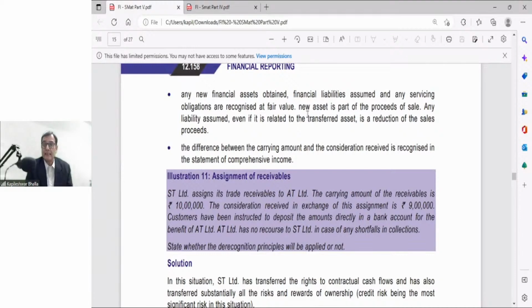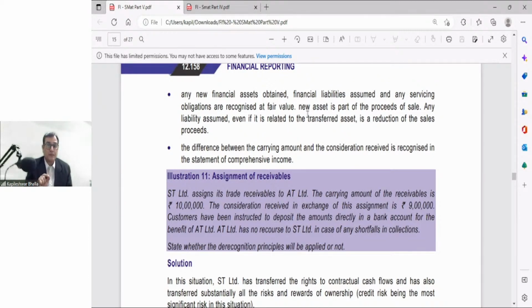It says ST assigns its trade receivable. The moment I read the words assigned its trade receivable, what comes to my mind is that the cash flows have been transferred. The carrying amount of the receivable is 10 lakh and the consideration received in exchange is 9 lakh. The customers have been instructed to deposit the amounts directly into the bank account for the benefit of the factoring agency.